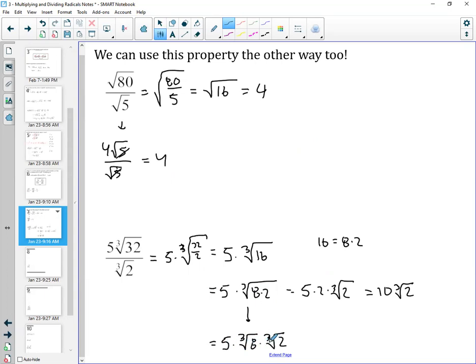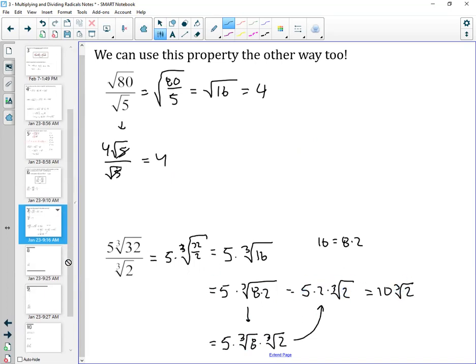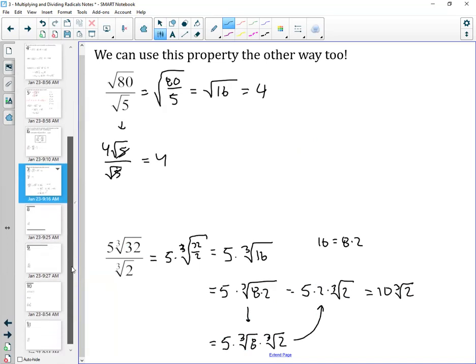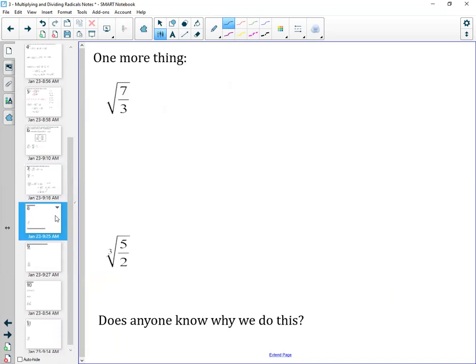So you see everything here is multiplied. 5 times this, and then you go straight to here. The cube root of 8 is 2, and everything's still multiplied, and then 5 times 2 is 10 cube roots of 2. So I think that might be a useful thing for you guys to keep in mind.